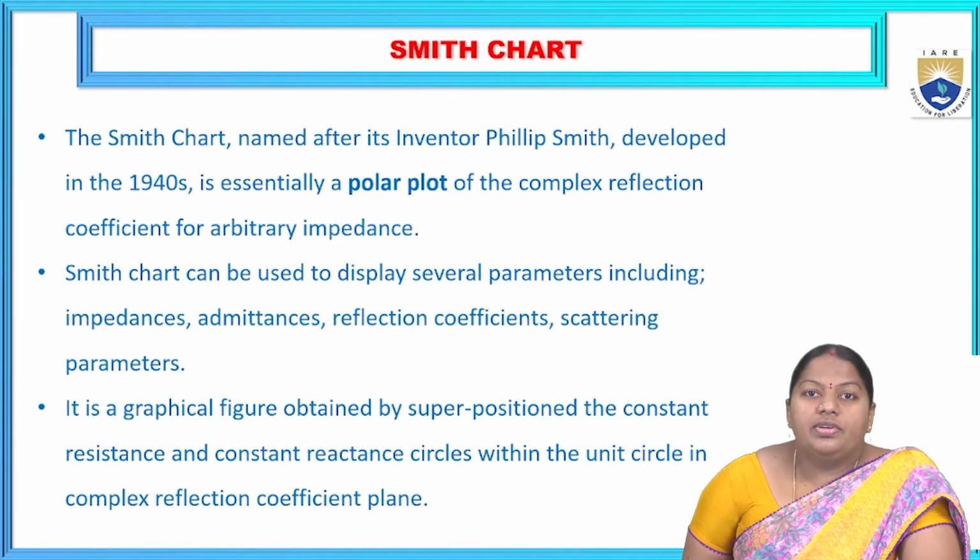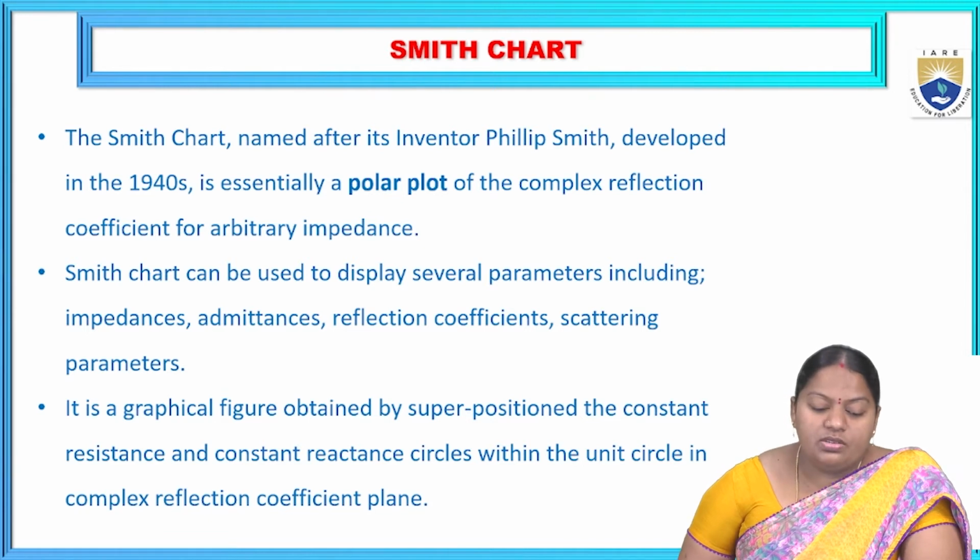Now, in order to configure this Smith chart, we are going to learn the required mathematical equations in this particular lecture. So firstly, the Smith chart. The Smith chart is named after its inventor, Philip Smith. Depending upon his name, the chart was given the name Smith chart.